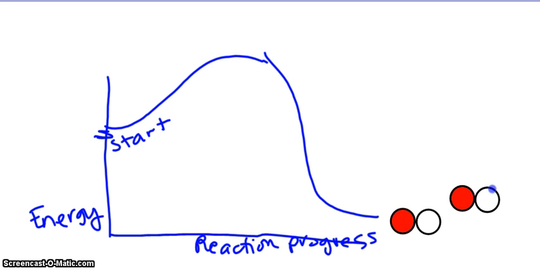Before, we've always called this the delta H of the reaction. So this reaction is actually exothermic because the energy is lower with the products than it was with my initial reactants. But what is this hump? Well, this area right here is called the activation energy.